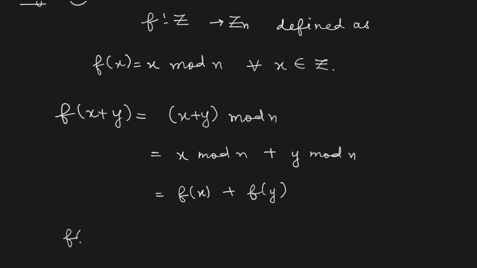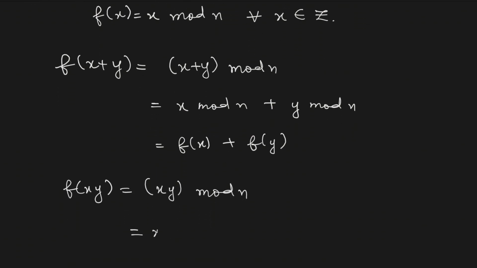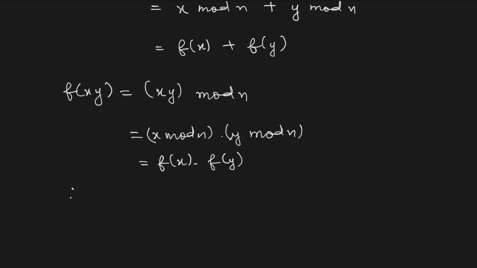Similarly, f(xy) will be xy mod n, which can be written as x mod n times y mod n. So this is equal to f(x) times f(y). Therefore, f is a ring homomorphism.